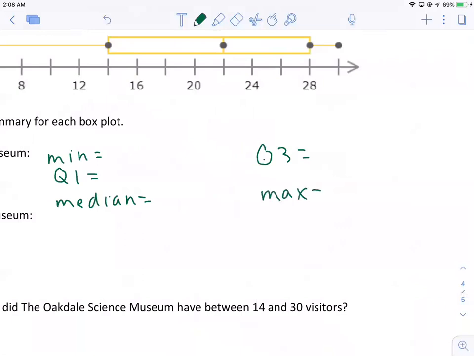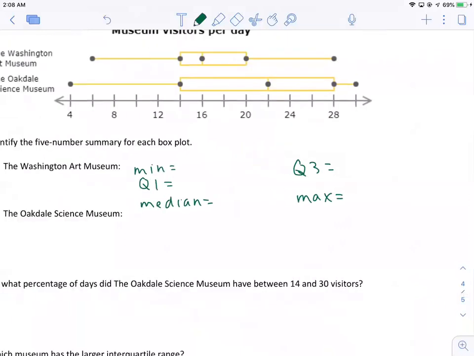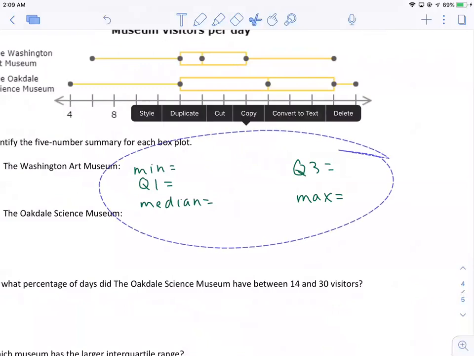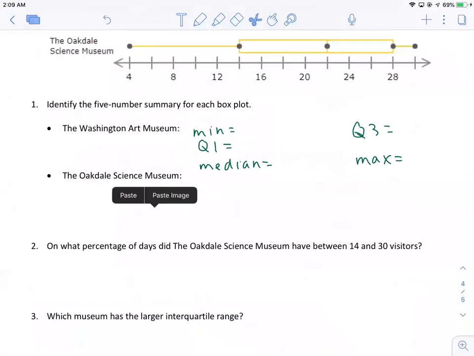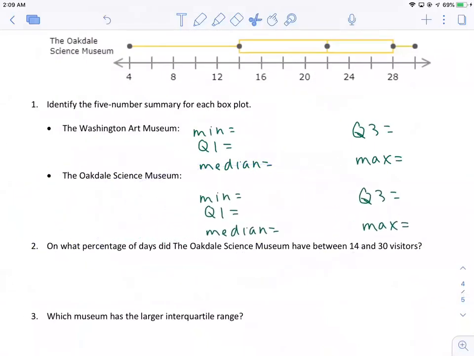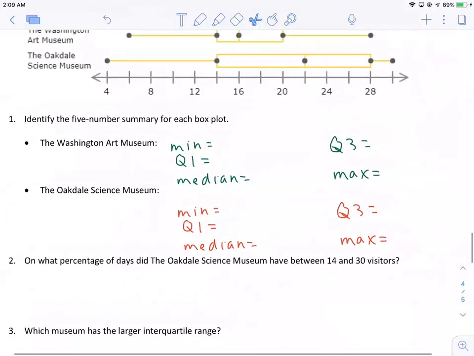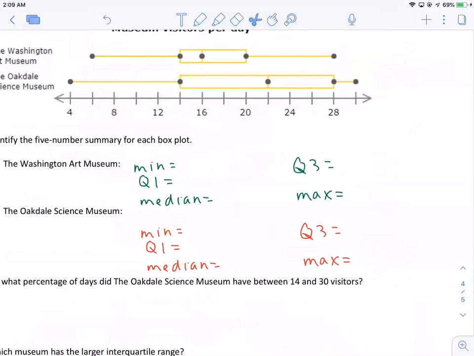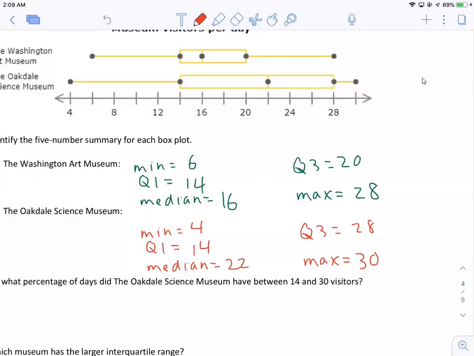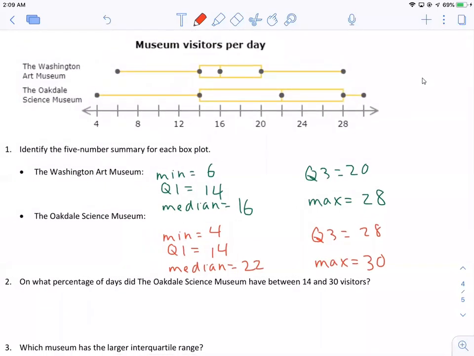All right, so just reading off the box plot, I'll copy and paste this for my second one. And the numbers we should be getting are like that. All right, so I just wrote out the numbers from the table.